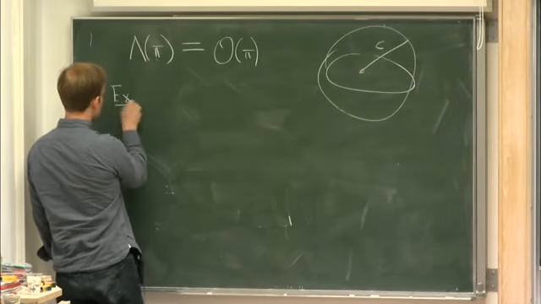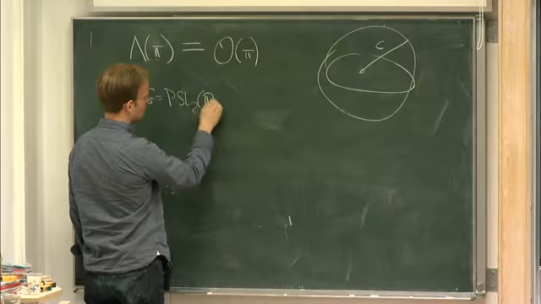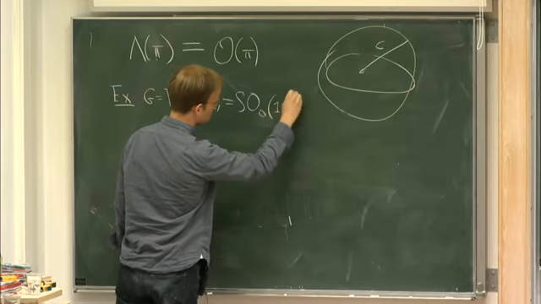To give another quick example, for G is PSL_2(R), which we can think of as the connected component of SO(1,2).